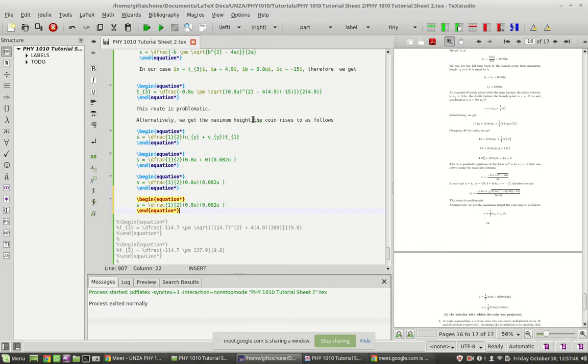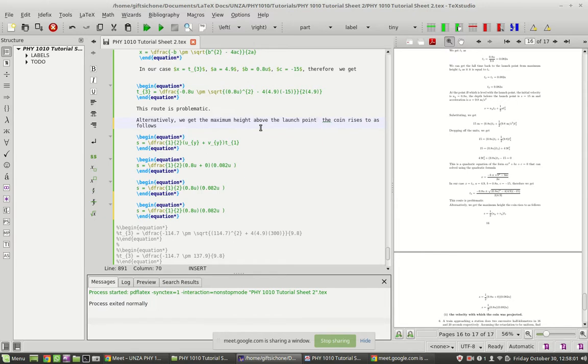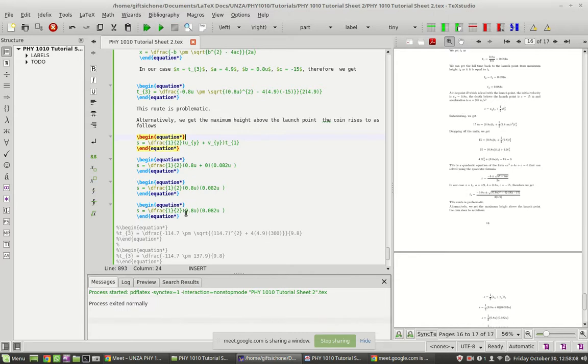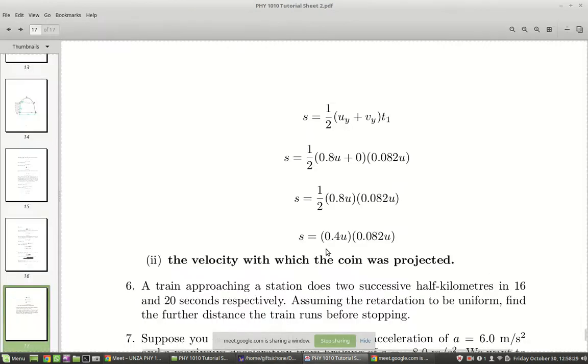So we get the maximum height above the launch point, which the coin rises to, as follows. Just a minute. So this gives us 0.4 u.